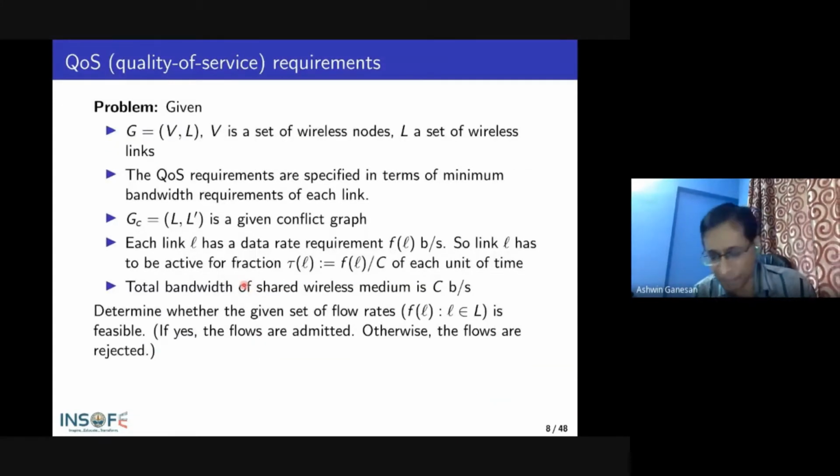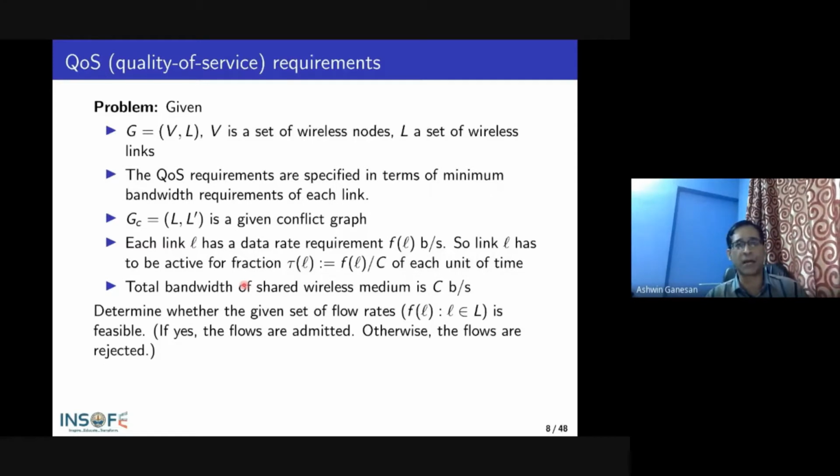Okay, so here's the problem of quality of service issues in wireless networks, where you're given a graph G. You're given a few things, and you want to determine a yes or no answer to some question. You're given a network graph G where V is a set of vertices and L is a set of links.